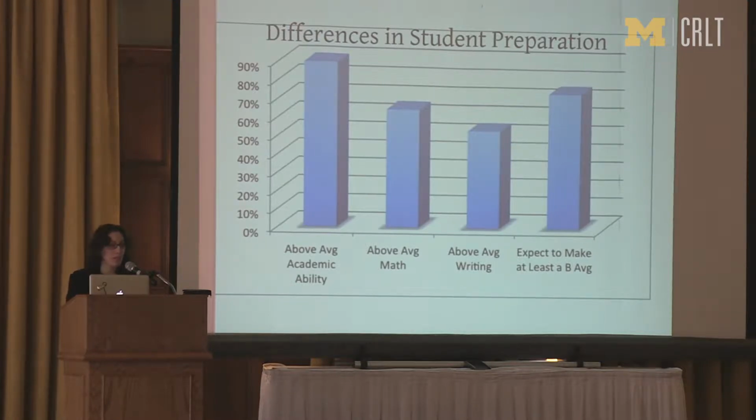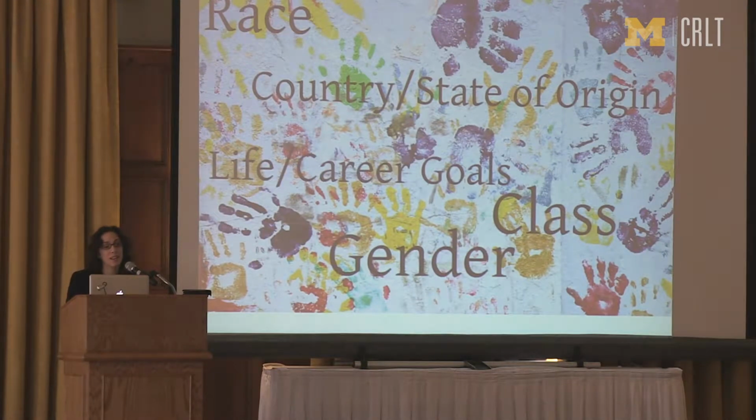So as you can see from the student data, there's lots of other differences as well. And the data that you've been provided here certainly doesn't capture all of the differences. There'll be differences in religion, differences in path to U of M. Some will come straight from high school, but others will transfer from community college or come from military service.